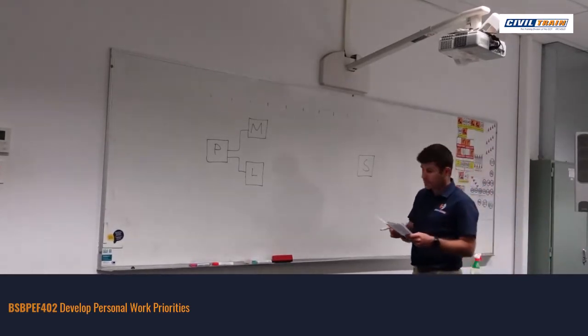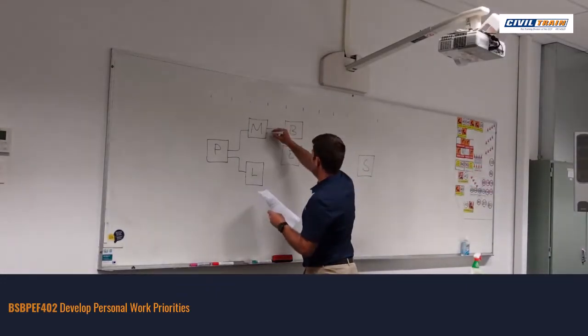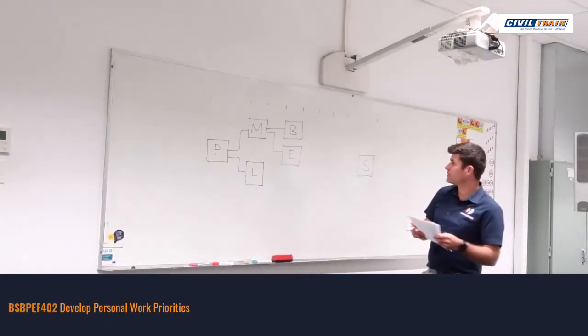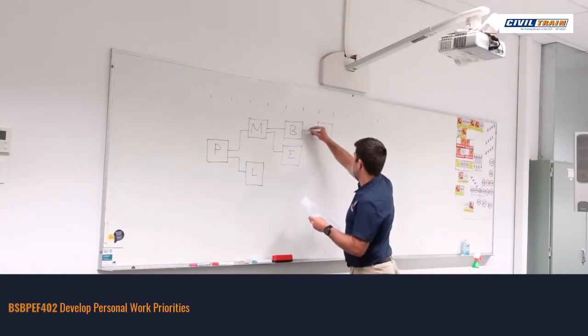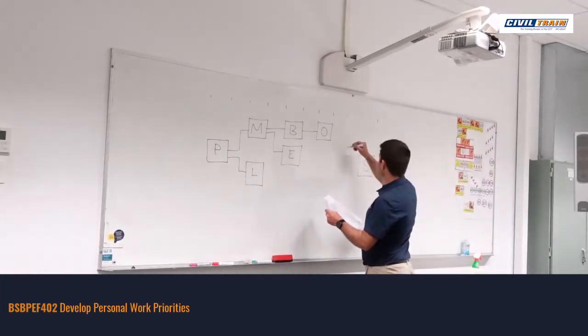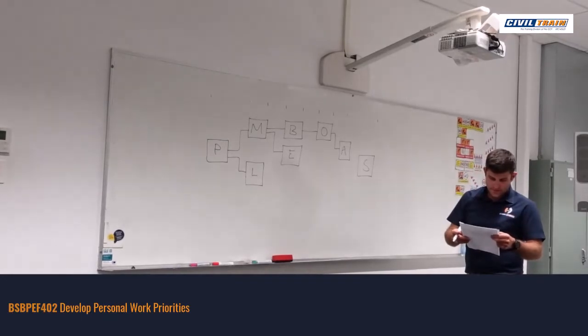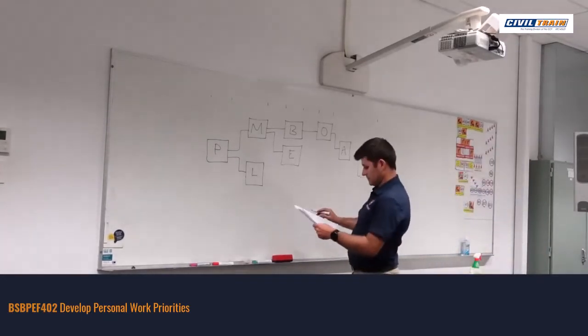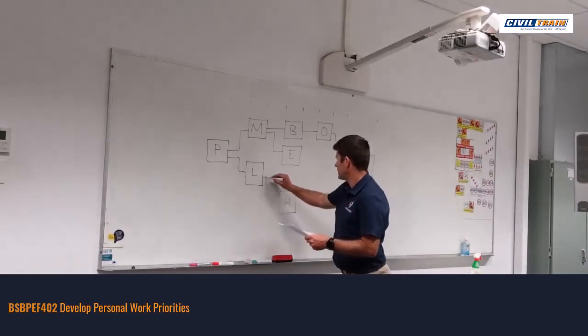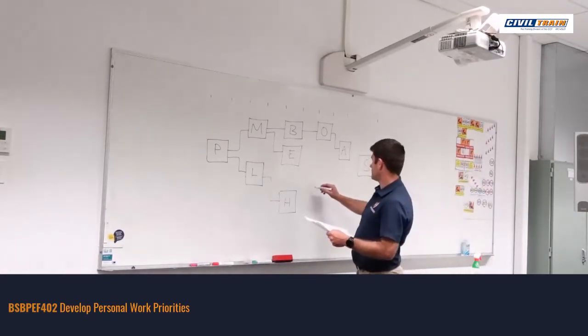Then I've got both B and E can be done concurrently, but only after the completion of M, B and E. B precedes O, so B's before O. A follows O. H follows L. M restrains the start of R, so M stopping R starts, which follows the completion of H. That's a big one.